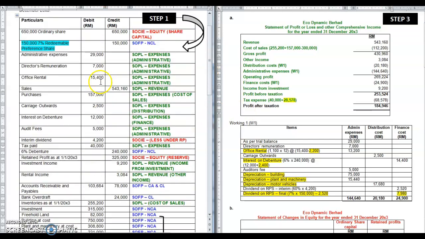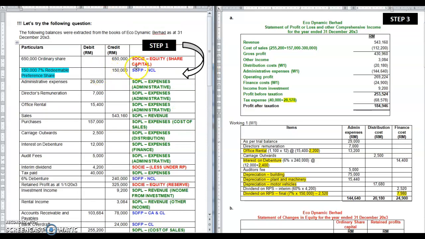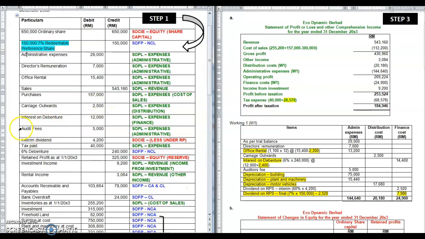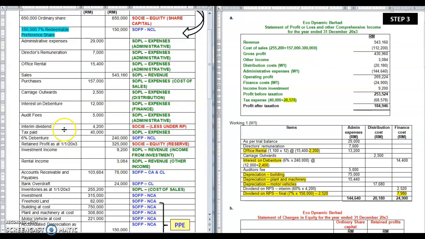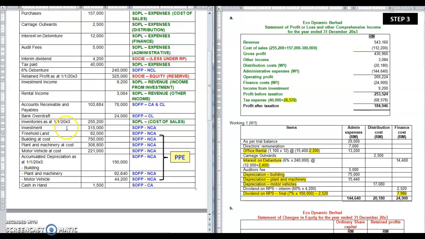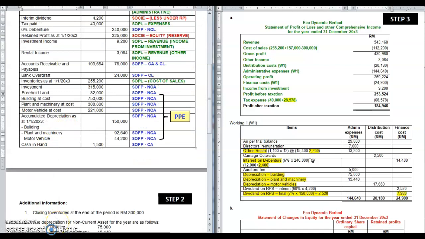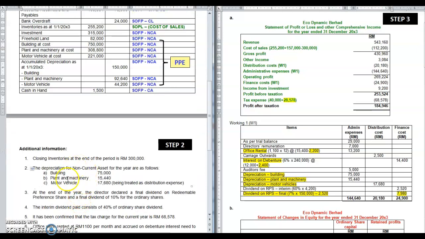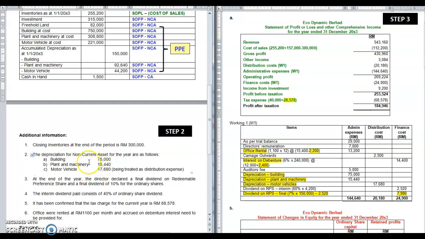However, the closing balance that you get from the books as at 31st December 2003 does not include the depreciation. Therefore, you have to adjust, since the depreciation amount is considered part of the transaction that happened at the end of the year.